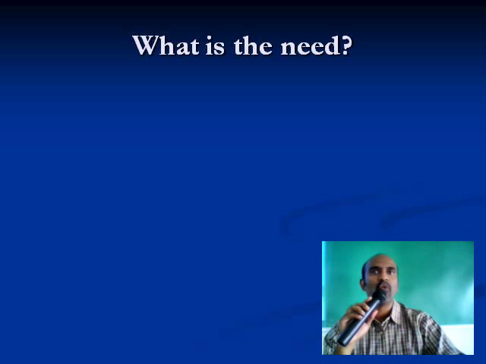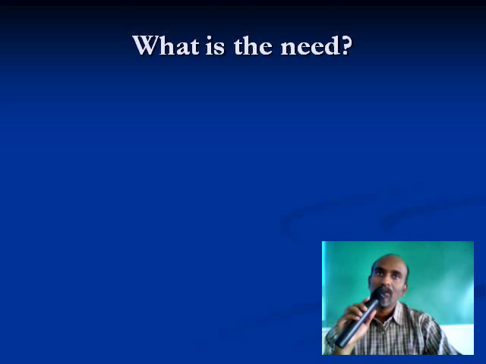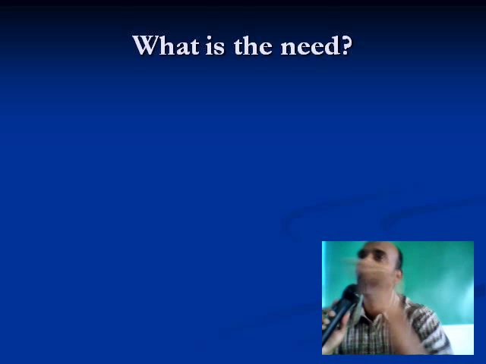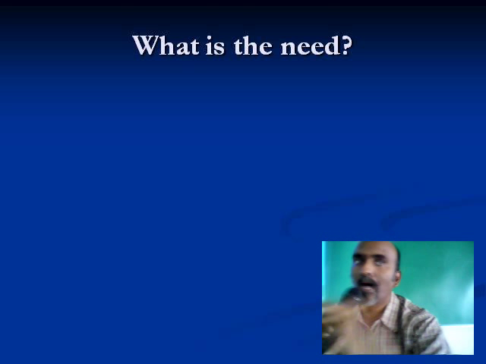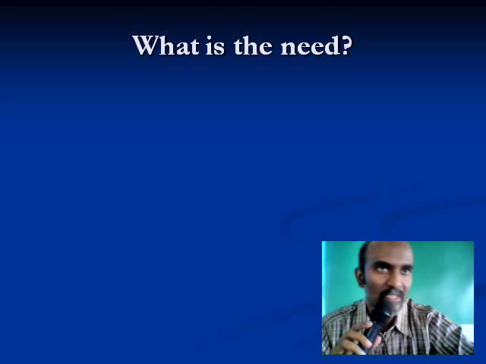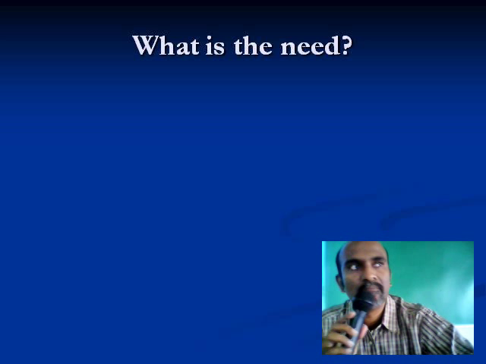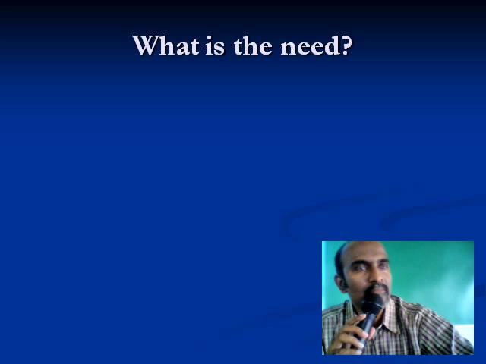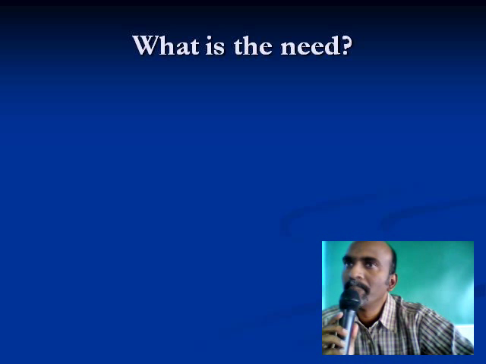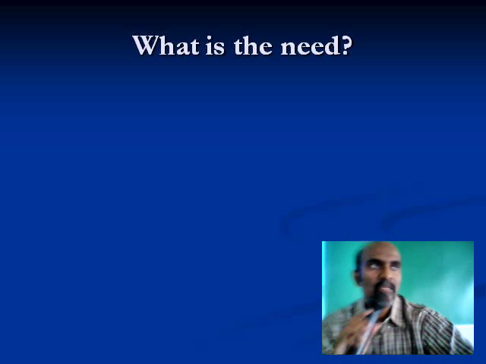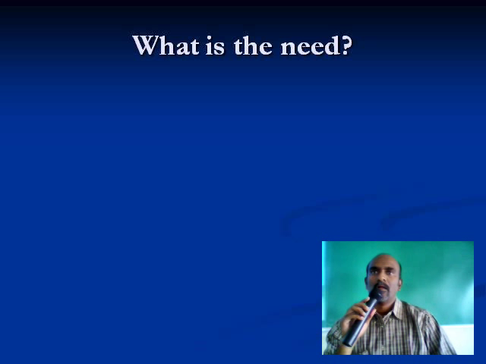Already I know there are so many WBCs per millimeter cube of blood. Why am I so interested to know how many neutrophils, how many eosinophils? Why should I know? Anybody wants to attempt?